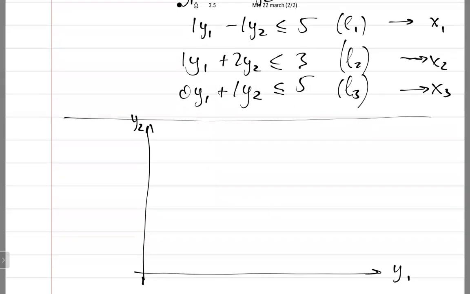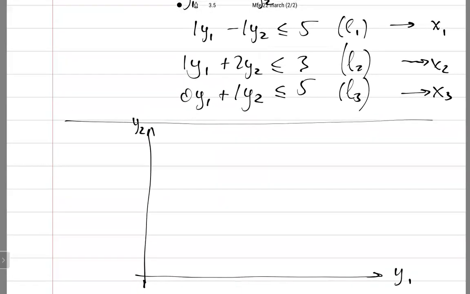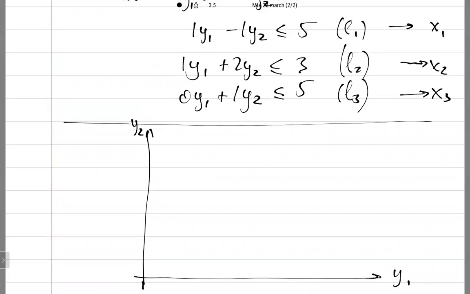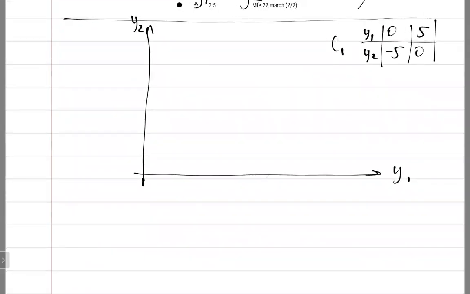The first one is line 1. If y1 is 0, then y2 is minus 5. If y2 is 0, then y1 is 5. Okay, I draw this line through 5 and minus 5. That's line 1.